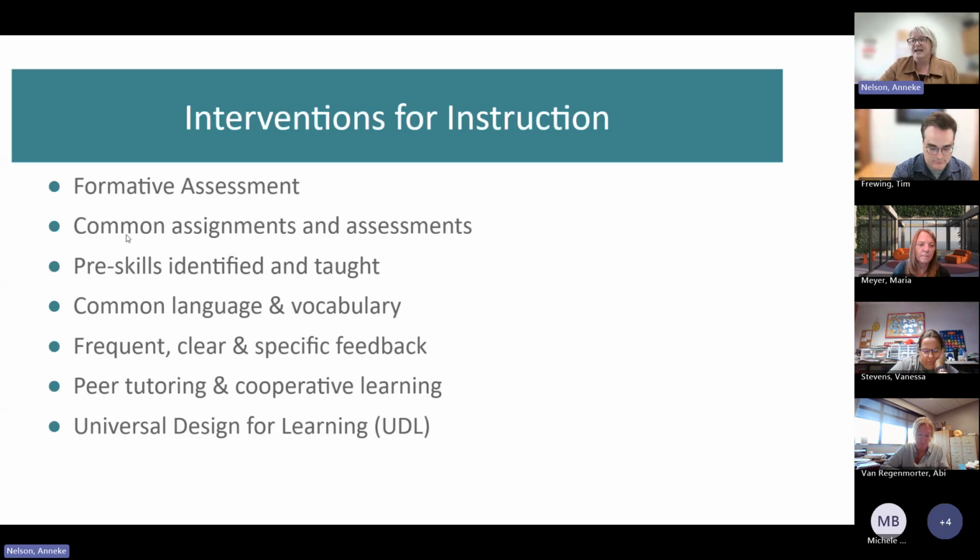Using common assignments and assessments, so that if you do have multiple classrooms, there's a common understanding of what is expected, and we're assessing the same way so that the feedback we're getting is the same. You also can preload skills that maybe just weren't taught.